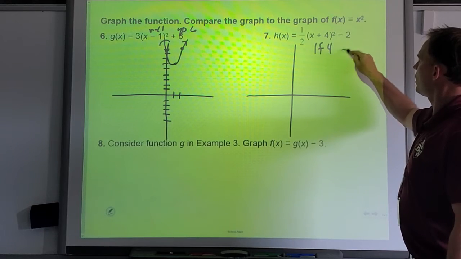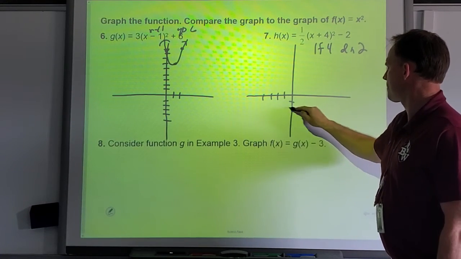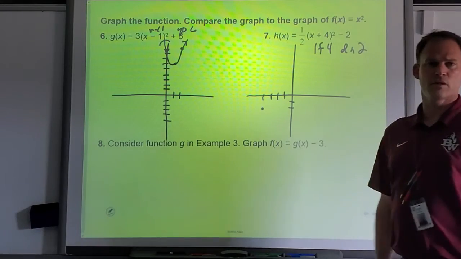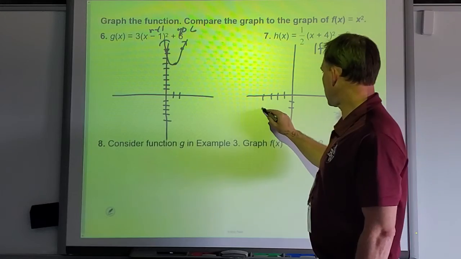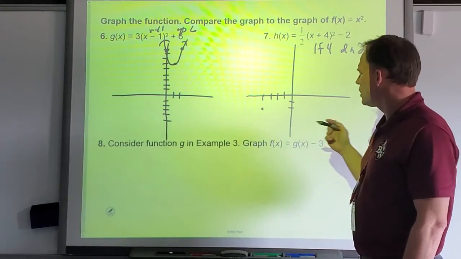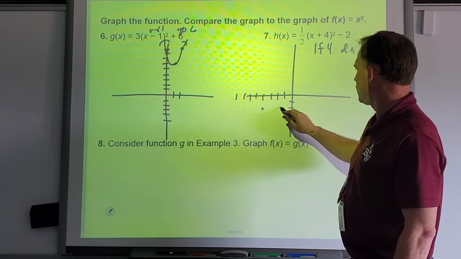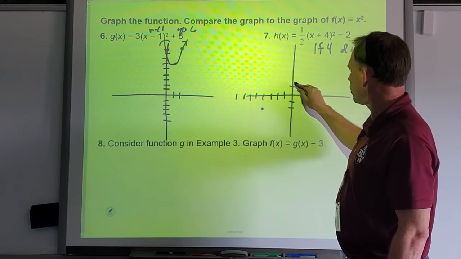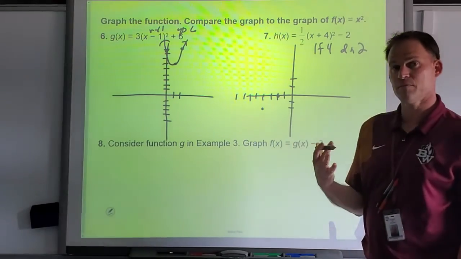Over here. Left 4, down 2. There's my vertex. What's this doing? Half stretch. So instead of going 1, 1, I go 1/2. I don't like graphing that. It's kind of hard. So instead of going 2, 4, I'm going to go 2, 2, because it's half as big.